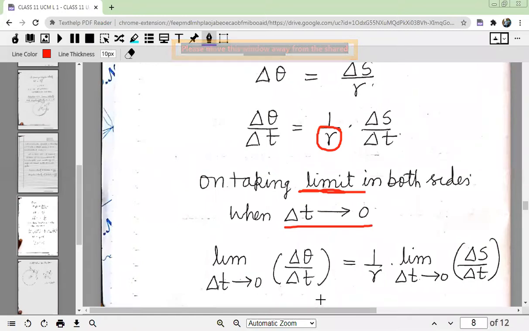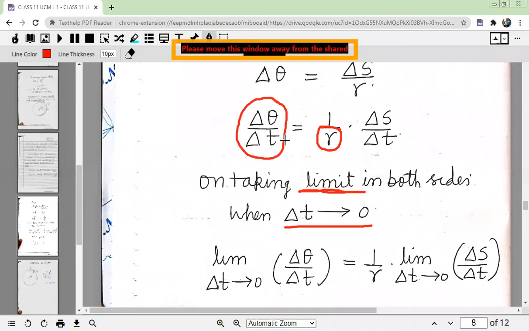It means its value when delta t is infinitesimally small. It's clear?